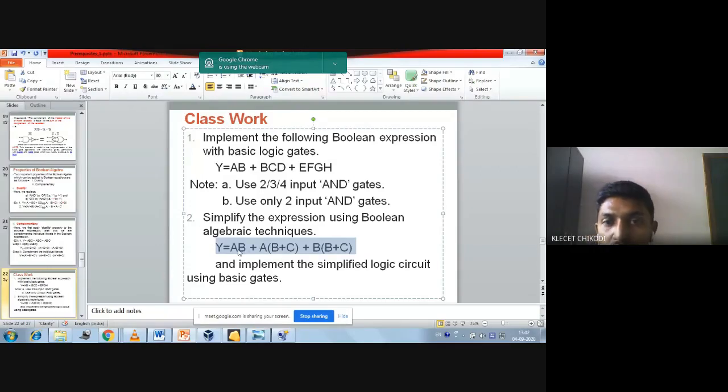We have to apply all those if possible, and after that, we are going to draw the simplified logic circuit using the basic gates. So this is the task for you. All of you do it, and I may choose anybody randomly tomorrow. Fine. Is that clear?